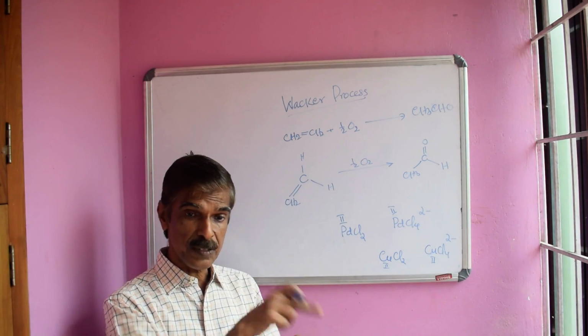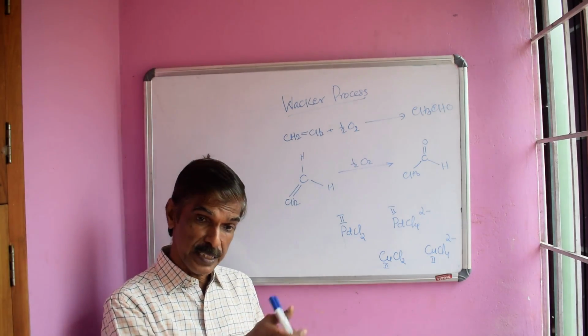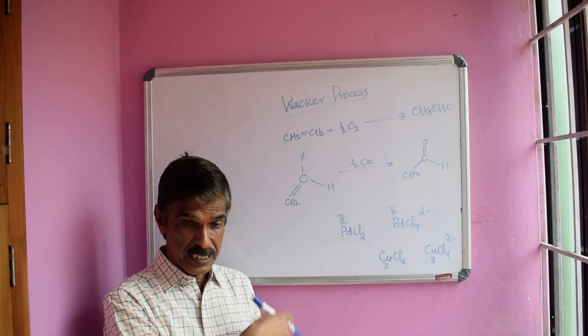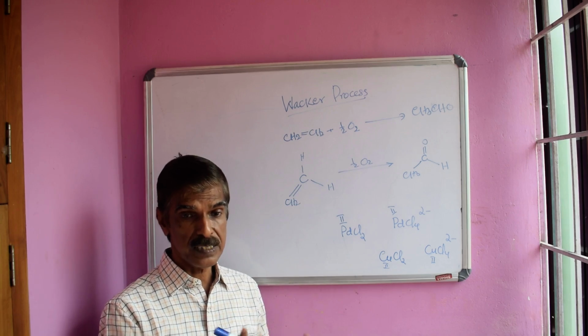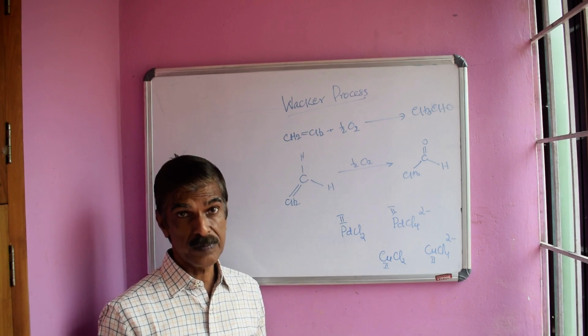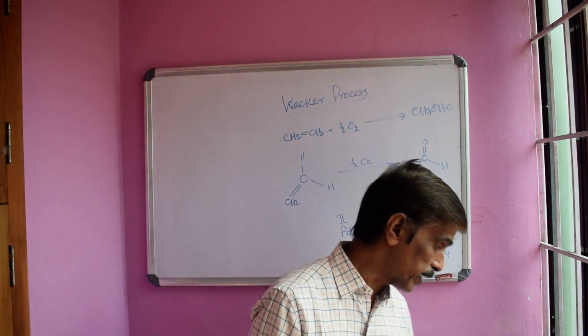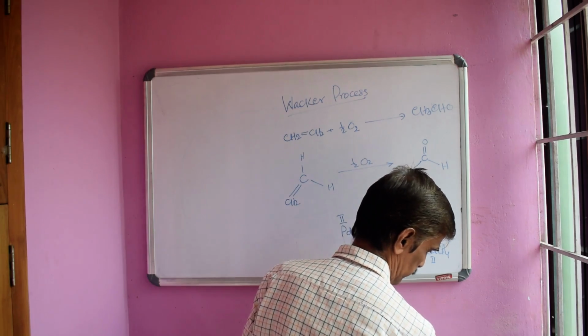Palladium 0 reacts with copper 2 to form palladium 2, and the cycle continues. And copper 2 gets reduced into copper 1, which in turn is oxidized into copper 2, so that both cycles can continue. That is the Wacker process, and we can see the reactions involved, the catalytic cycle of the Wacker process.